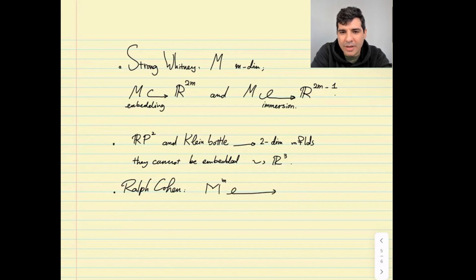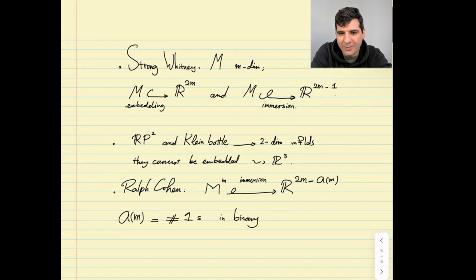There's another very interesting theorem by Ralph Cohen. He says there is an immersion of an M-dimensional manifold into R^(2M-A(M)). What is A(M)? Okay, this might be a surprising fact. Think about dimension M and write its binary expansion. In the binary expansion of the dimension, count the number of ones.